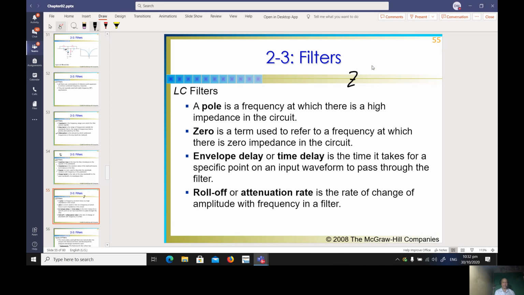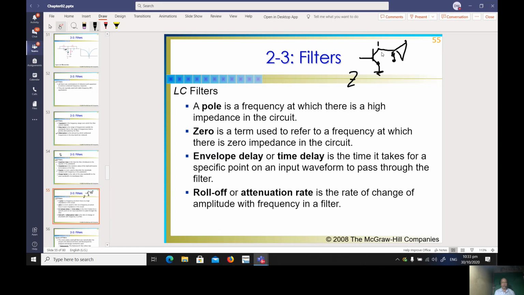If you have a transistor, this is a common emitter. Di mo siya basta-basta iko-konekta; yung output mo, hindi mo basta-basta iko-konekta sa speaker.